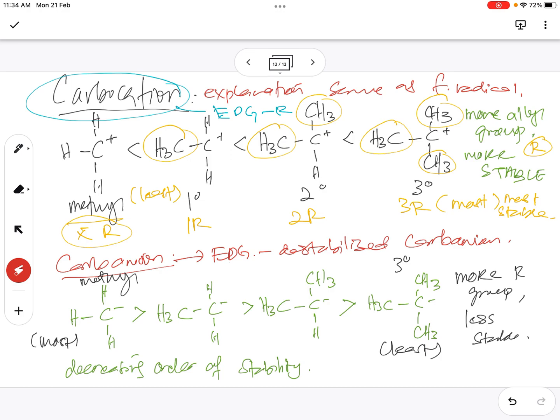So kalau dekat carbocation lagi banyak kumpulan alkyl R ni, lagi banyak EDG, dia akan stablekan carbon positif ni. So tertiary adalah paling stabil. Tapi di carbanion lagi banyak R, dia destabilize the carbanion. Lagi banyak R, dia kurang stabilkan carbon negatif, destabilize.